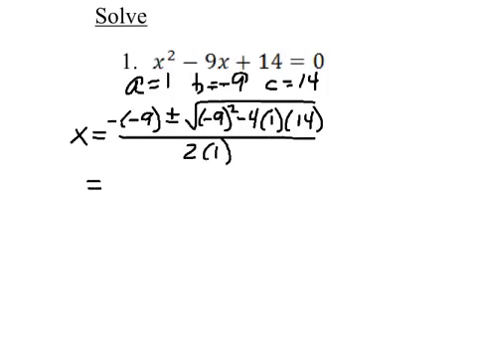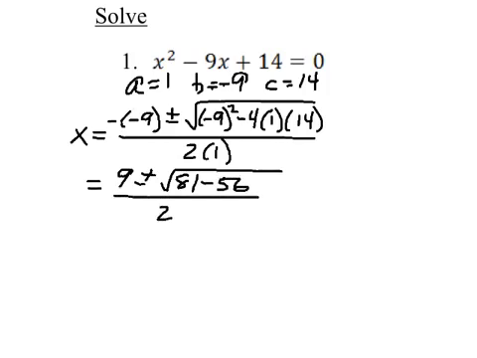Let's clean that up a little bit. I get 9 plus or minus the square root of 81 minus 56, all over 2. Clean it up a little more: 9 plus or minus the square root of 25.